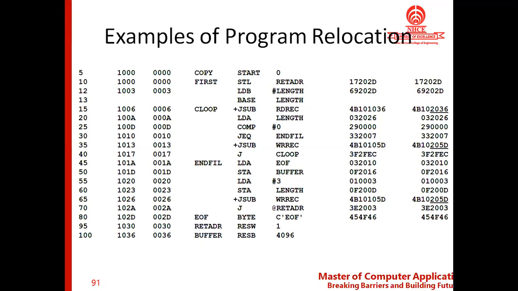That is line number 15, line number 35 and line number 65. These are the places where exactly the modification has to be done. Now in the modification record, there is a column for mentioning the starting address from where we need the modification. That has to be mentioned. So what is the starting address?